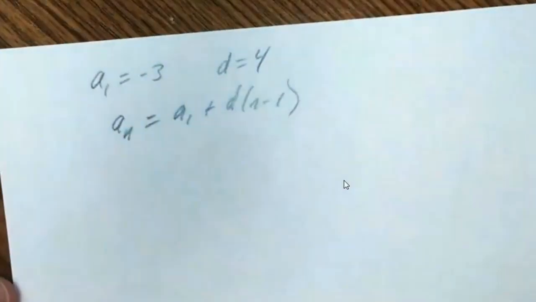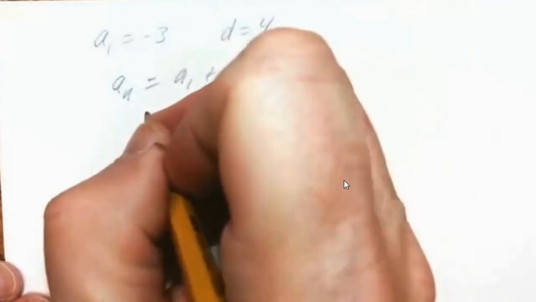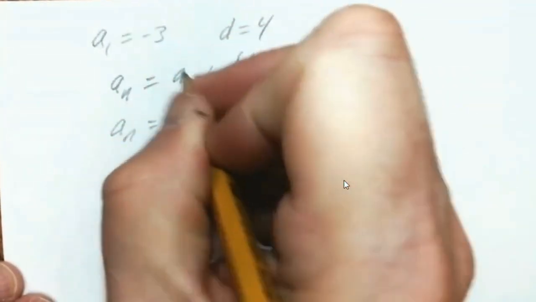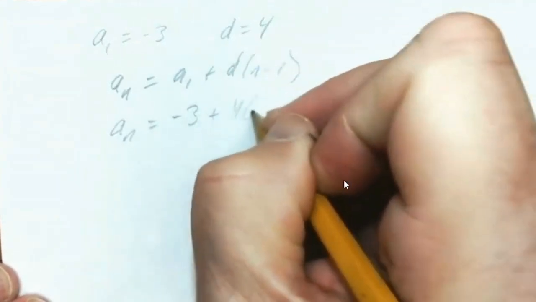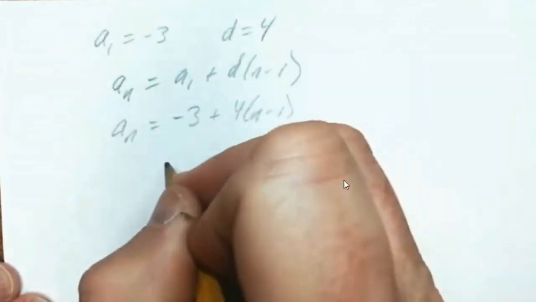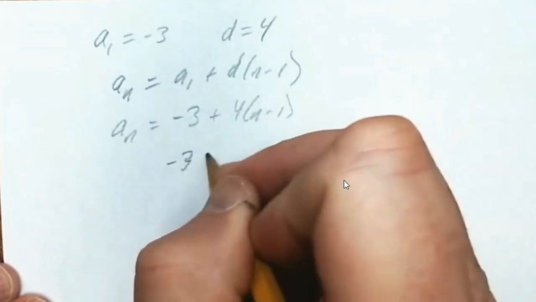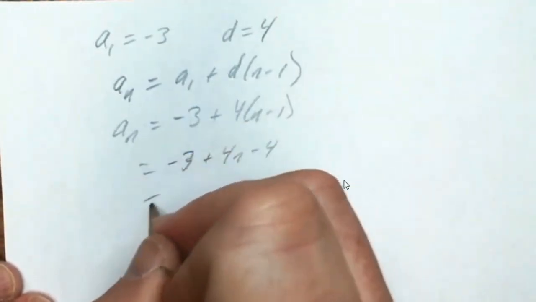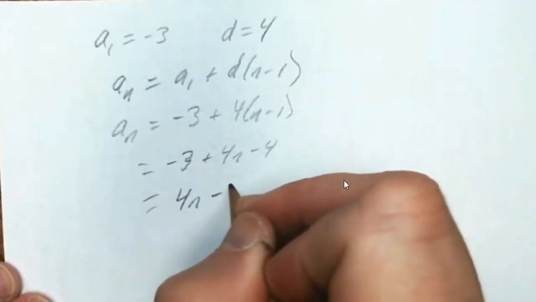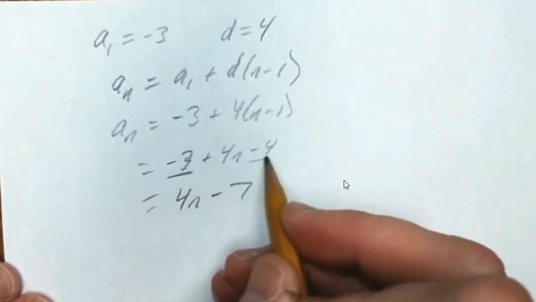There we go. Substitute what we know. -3 plus 4(n minus 1). -3 plus 4n minus 4. So it equals 4n minus 7, because we got -3 and minus 4.